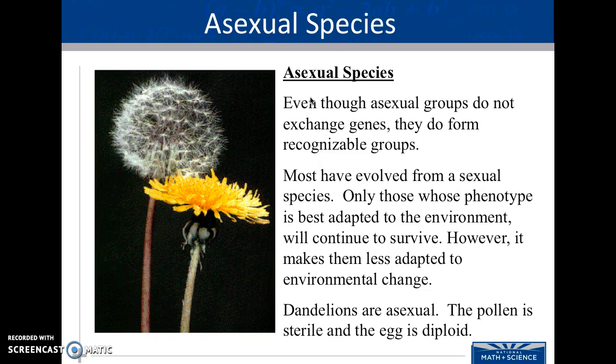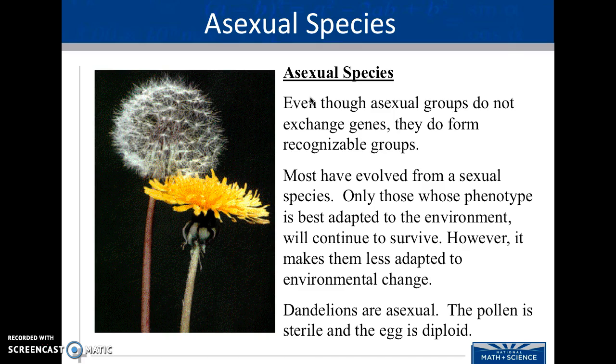When we talk about species, the first kind we need to discuss is asexual species. Although they don't exchange genes, they do form a recognizable group, because if I'm reproducing asexually, I'm not combining my genetics with another individual. Most species have evolved from asexual species and are capable of asexual reproduction out of necessity.